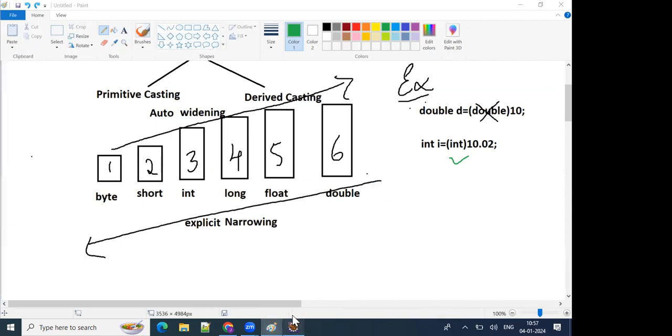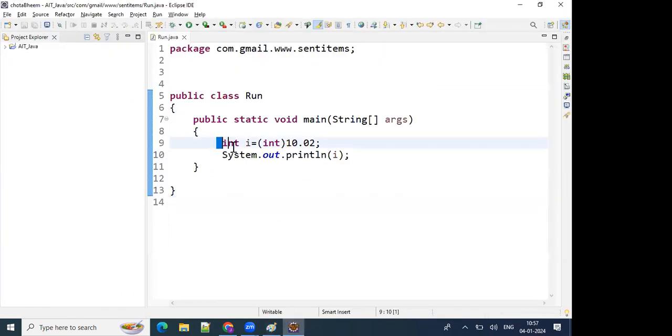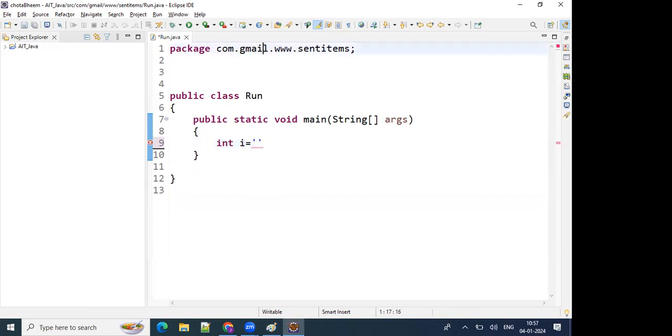Okay, so one simple example I will show you here. int i = 'A'.